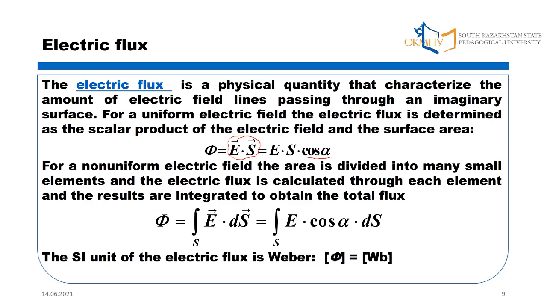The total flux Φ is determined as the integral of the scalar product of the electric field and the elementary surfaces. So we take the integral over the whole surface. The SI unit of the electric flux is Weber.